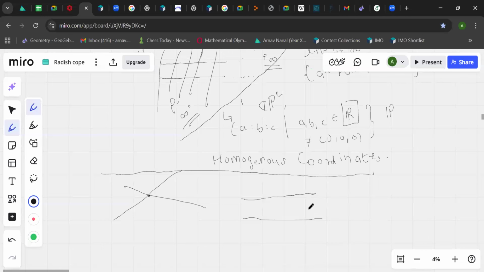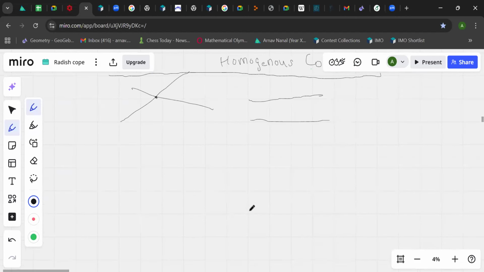So we just need to overcome this. Now when you're working in the projective plane, an interesting property is that any two distinct lines intersect at a unique point.